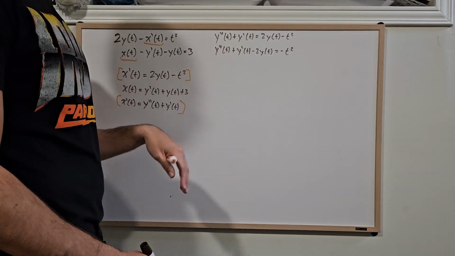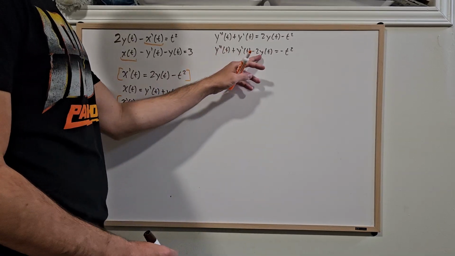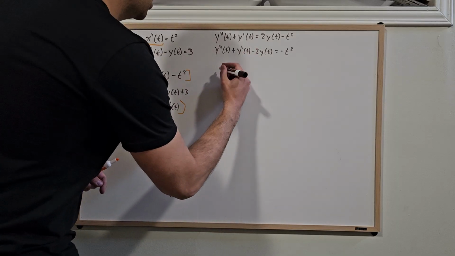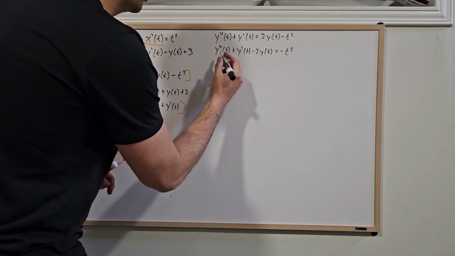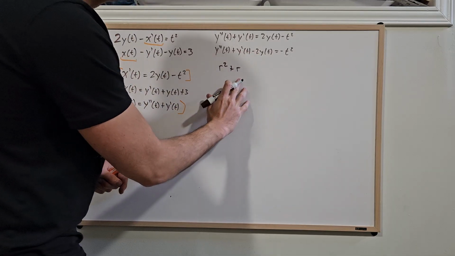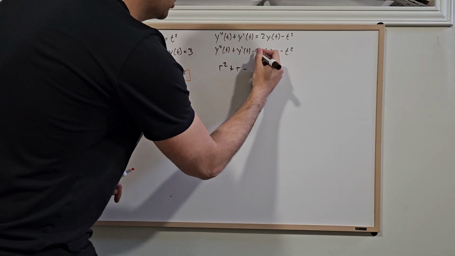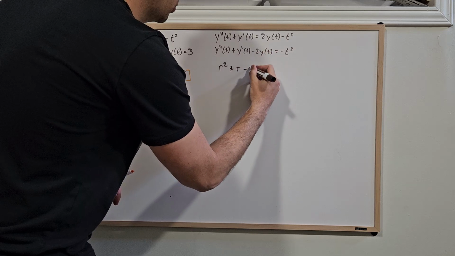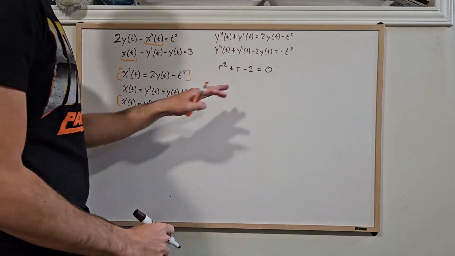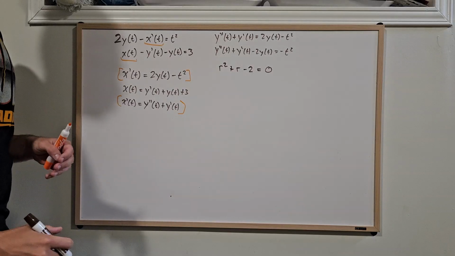If you see the first derivative, the exponent of 1. If we see no derivative, then it's just the coefficient out front, okay? So here we have r squared, second derivative, plus r to the exponent of 1, so that's not going to be written down. And then here, there's no derivative, so it's just going to be the coefficient, which is -2, right? Equals 0.